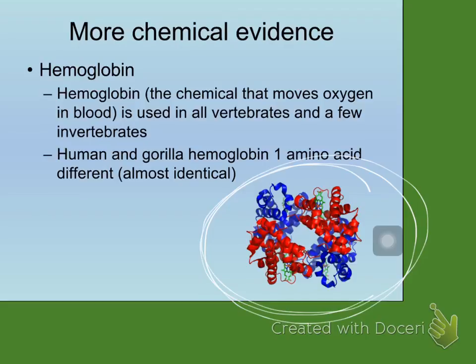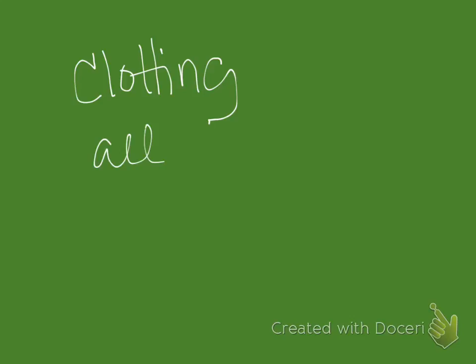There are more chemicals. We talked a little bit yesterday about clotting and how hemophiliacs don't clot. All mammals, is it all mammals? I think. Use the same. There are 5 basic chemicals that are used in clotting. And all mammals use the same ones.